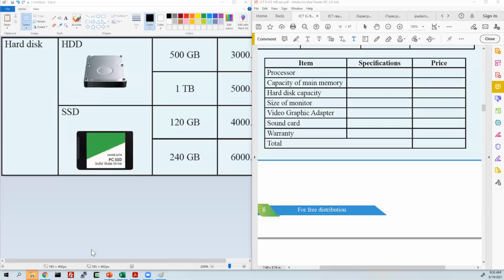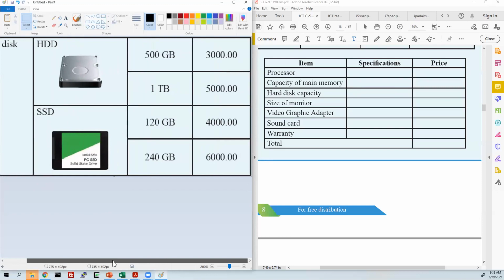First of all, spec, right? So in the spec, you have to first decide whether you need HDD or SSD. HDD means normal hard disk. Then SSD is actually quite faster, suitable for new computers. So if it's HDD 500, it costs 3,000. 1 terabyte costs 5,000. But you see here, these are quite expensive. 120 GB is 4,000. 240 GB 6,000. So spec, you have to first select whether you are going to use HDD or SSD, and then the capacity, then you can select the price.